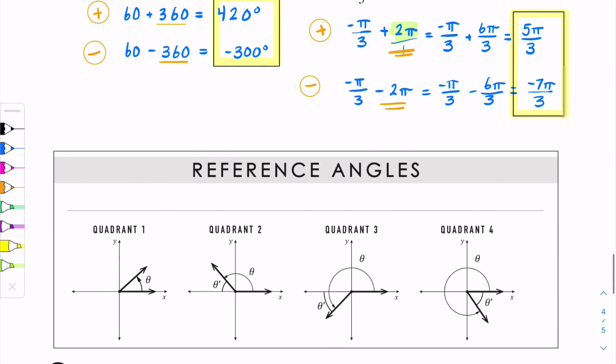And the last part of today's notes are reference angles. So reference angles are acute angles formed by the terminal side and the closest x-axis. Acute angles are angles that are less than 90 degrees.